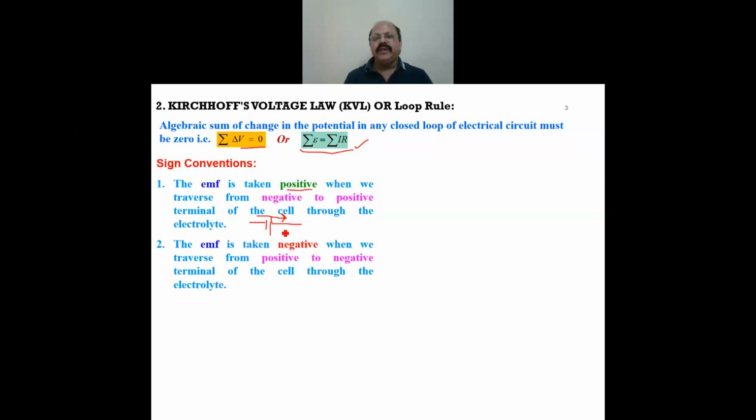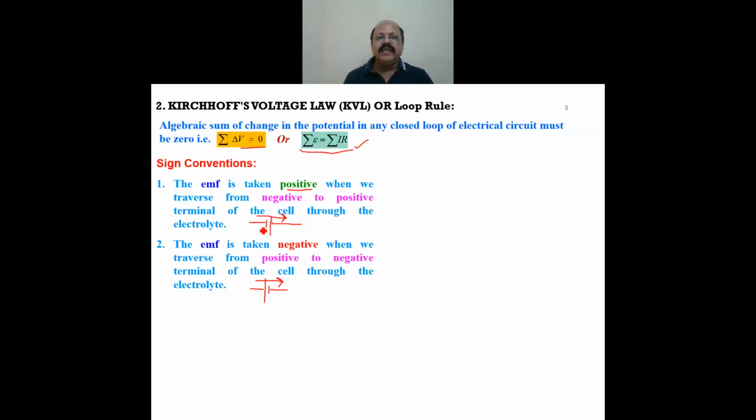Or if the loop's direction is from higher potential to lower potential, that is from the positive terminal to the negative terminal, then in that condition the EMF of the cell is taken as negative.